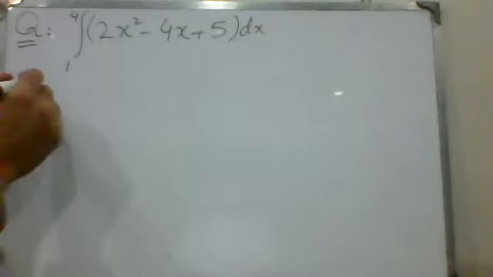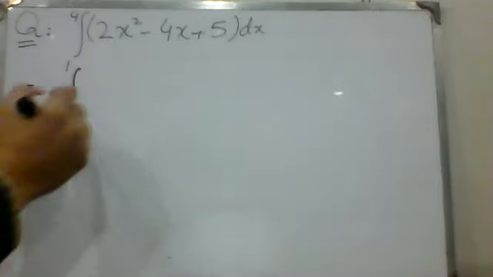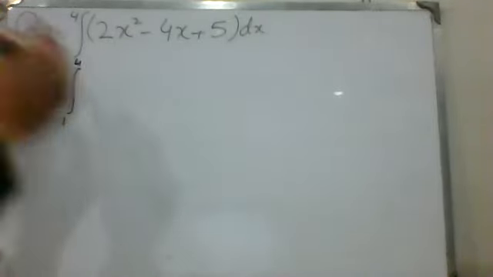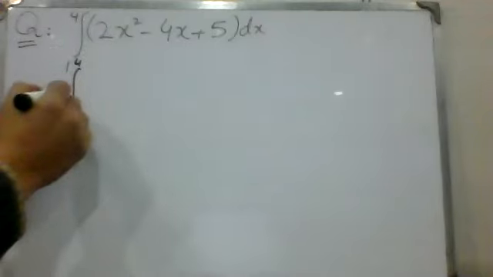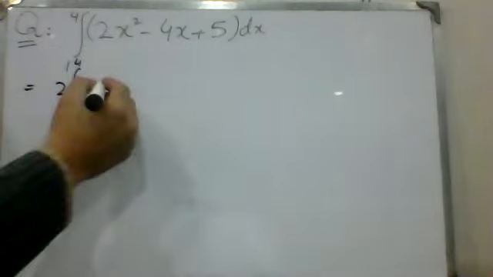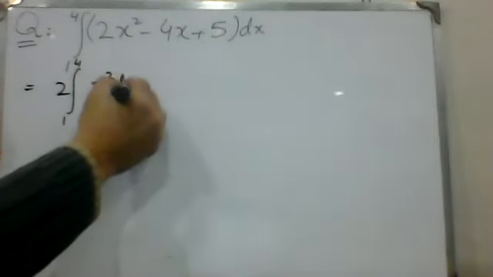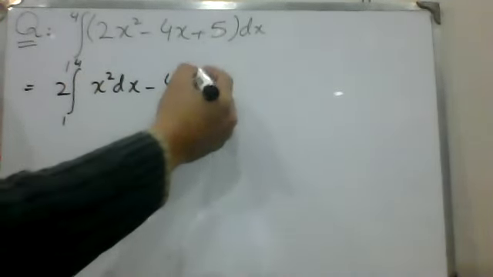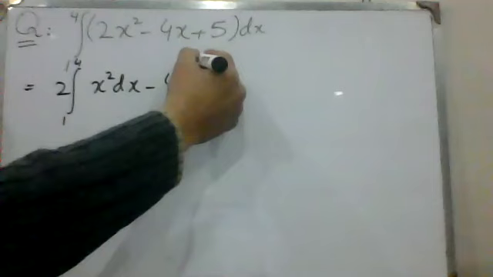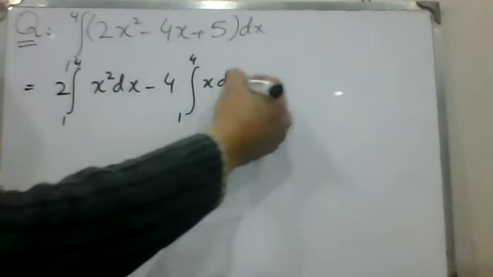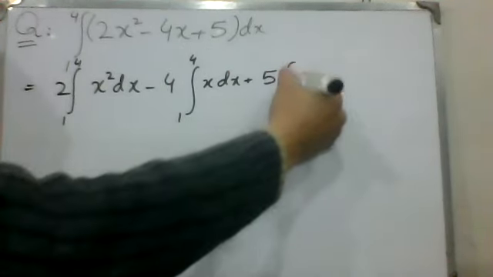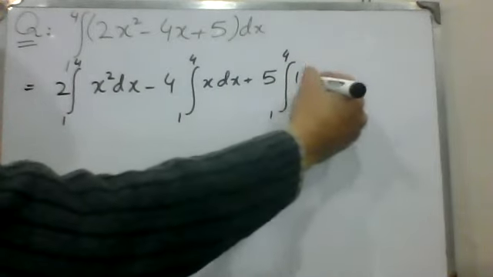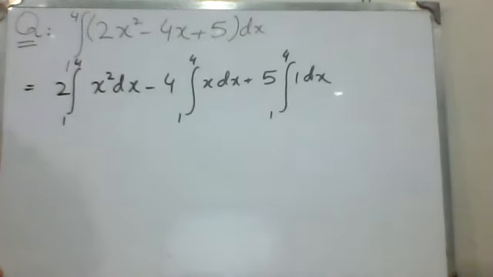First we integrate each term separately, with limits 1 to 4. 2 is shifted outside because it is a constant, so 2 times the integral of x square dx, minus 4 outside times the integral of x dx, with limit 1 to 4, and the constant 5 times the integral of 1 dx from 1 to 4. So that is the integral of the function.